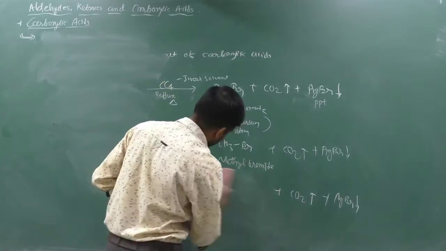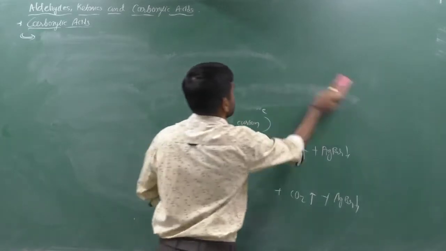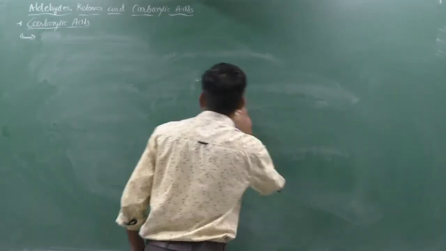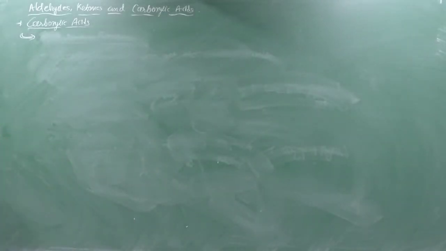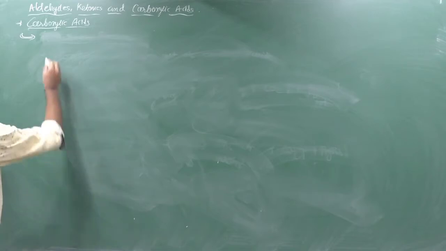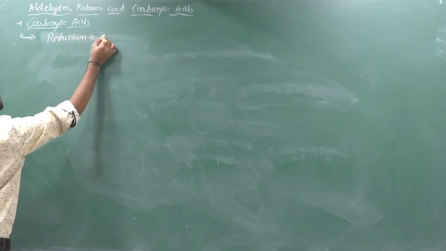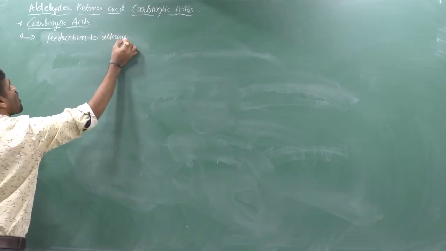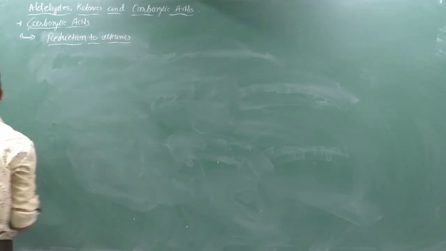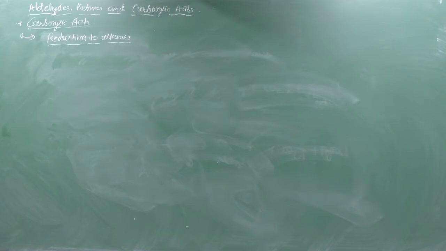Next one is reduction to alkanes. For this we use one reagent, which is HI.